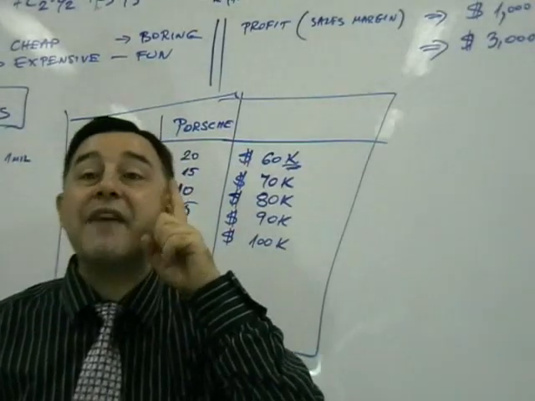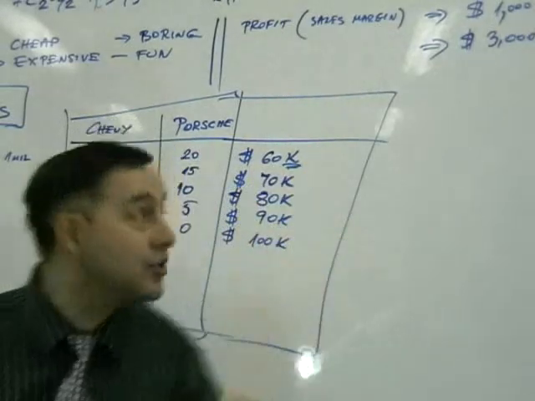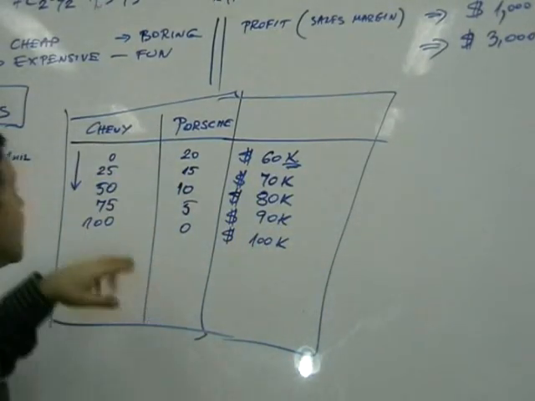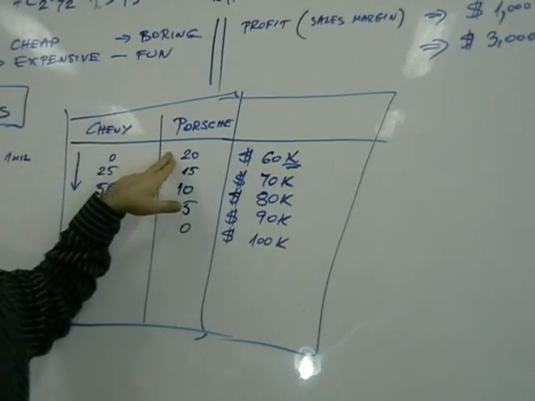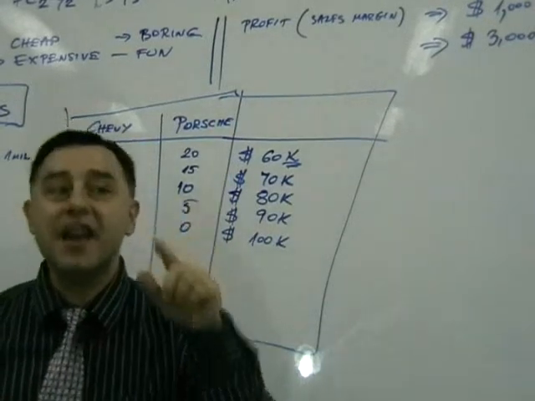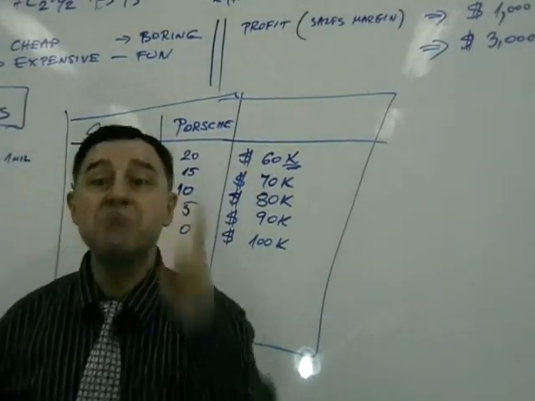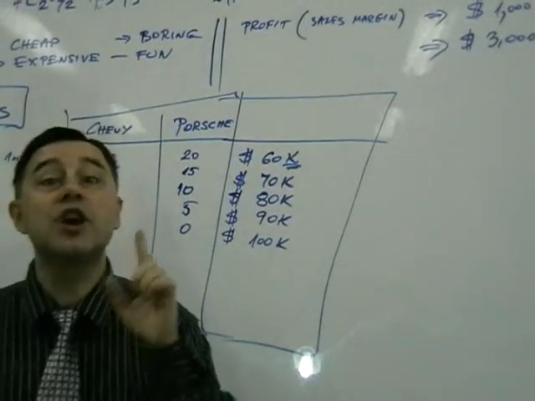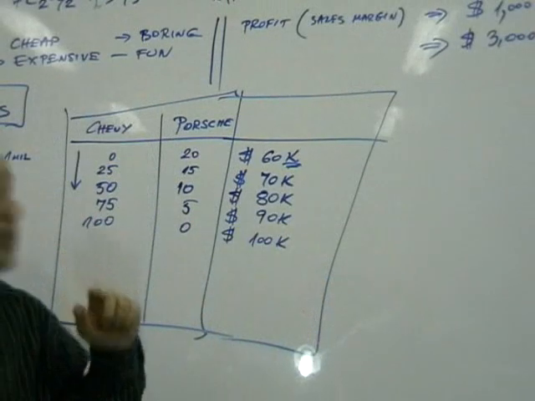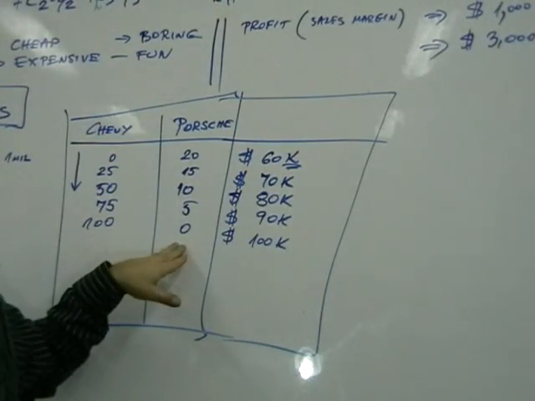If you do not have any budget constraints, as we started out, the dealer's optimal quantity is only Porsches and no Chevys. On the other hand, when you impose a 1 million budget constraint, the optimal solution is only Chevys and no Porsche.